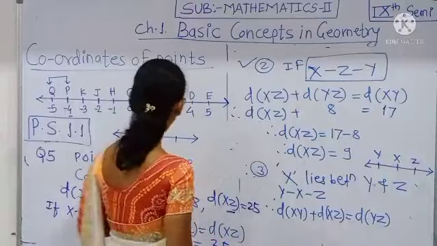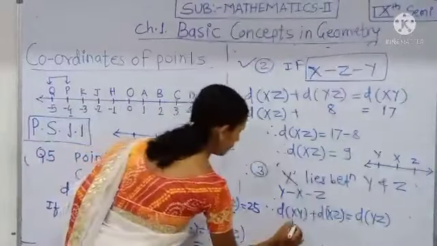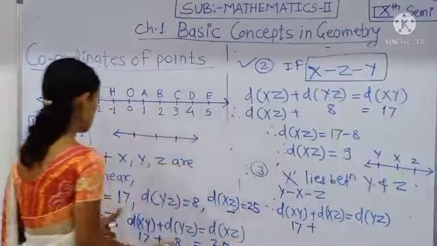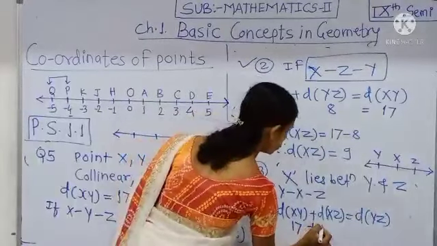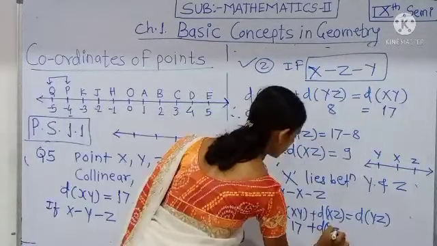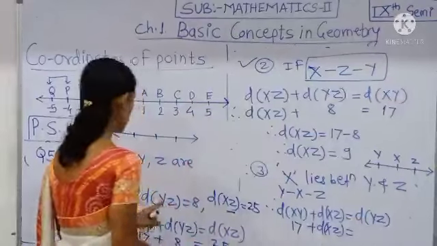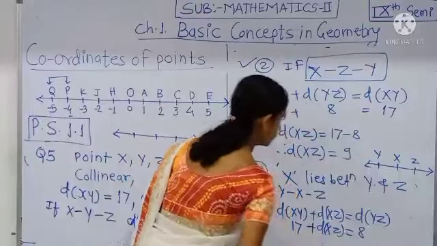Then putting the value of XY, that is 17, plus dxz we have to determine, and dyz, that is 8.